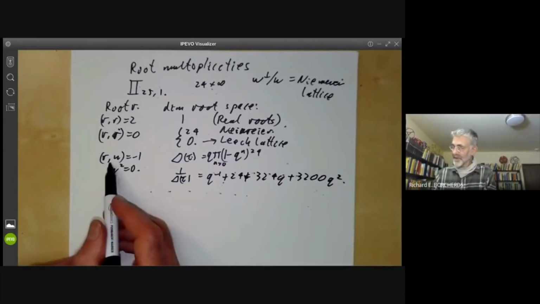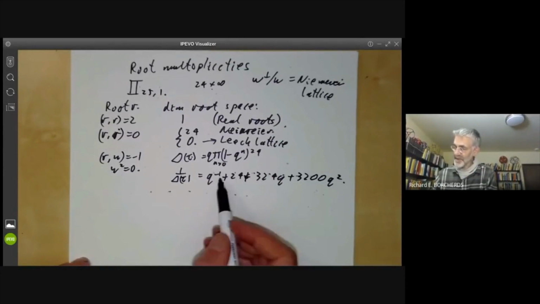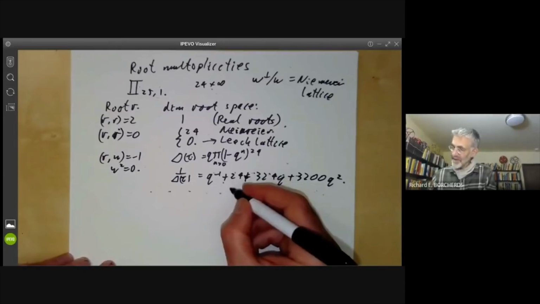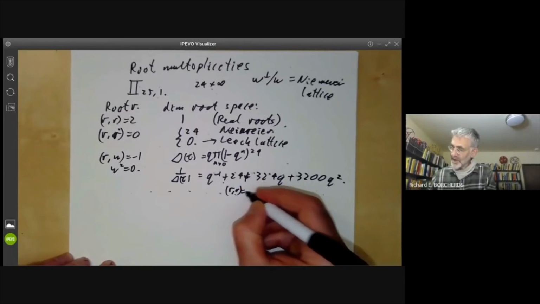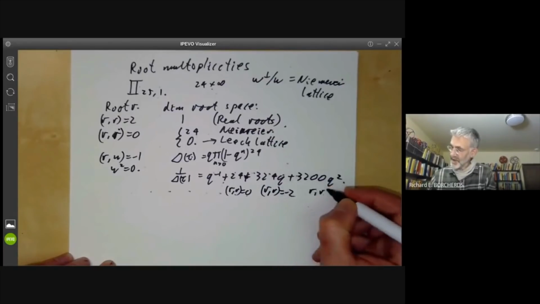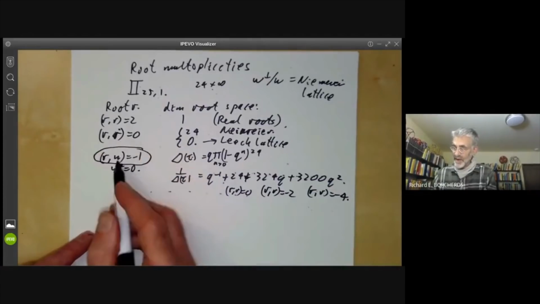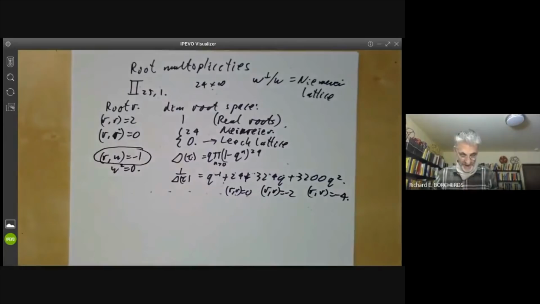And the multiplicities of roots that have inner product -1 with a norm 0 vector turn out to be these coefficients here. So this is if r equals 0, this is if r equals -2, and this is if r equals -4. So that's only if it has inner product -1 with a norm 0 vector.